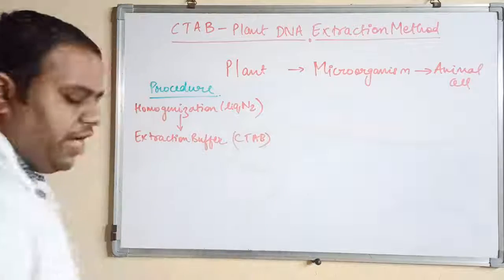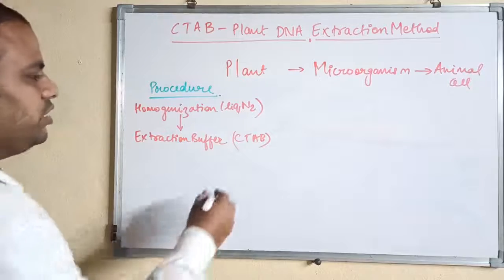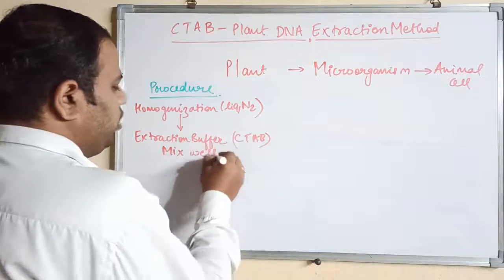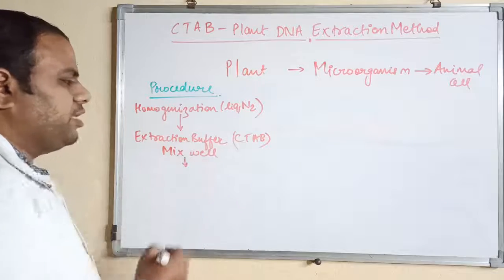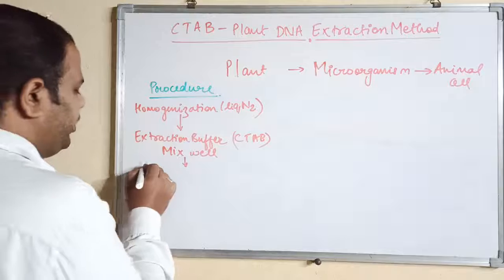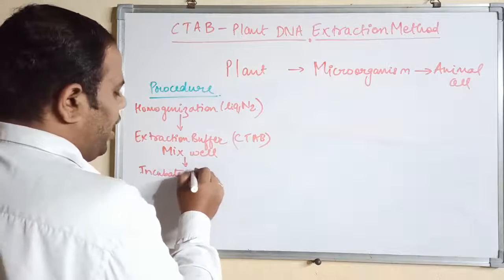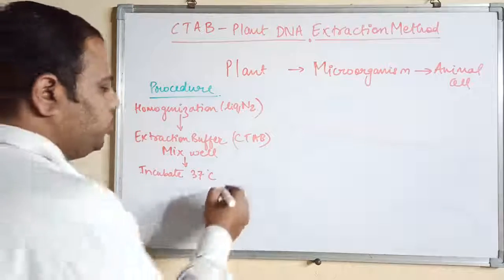After adding the CTAB extraction buffer, you have to mix it well. All the ground material, all the homogenate, is properly mixed in the CTAB extraction buffer and incubated at 37 degrees, or you can incubate it at room temperature also.